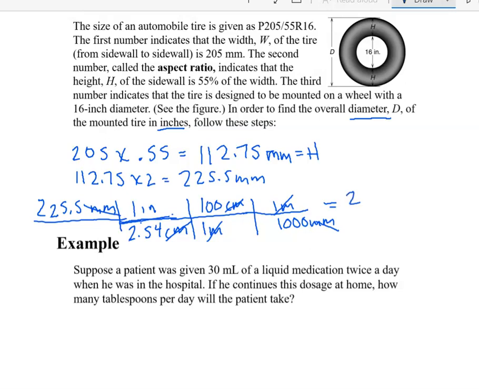So we've got 22,550 divided by 2.54 times 1,000, which is 2,540. And we want to divide those two. 22,550 divided by 2,540 is 8.87795, and it just keeps going.